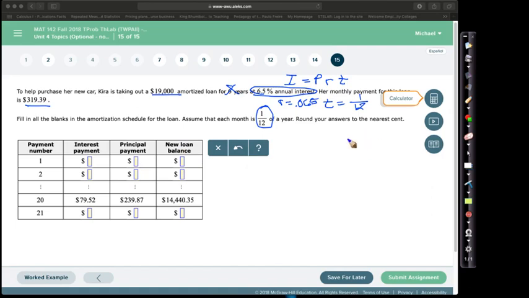The first calculation, 19,000 times 0.065 times 1/12, will give us our interest payment. We take that interest payment and subtract it from the monthly payment. That tells us how much of that monthly payment went to principal. Then we subtract that principal reduction from the loan amount and we get a new balance. Then we do it again and again and again.